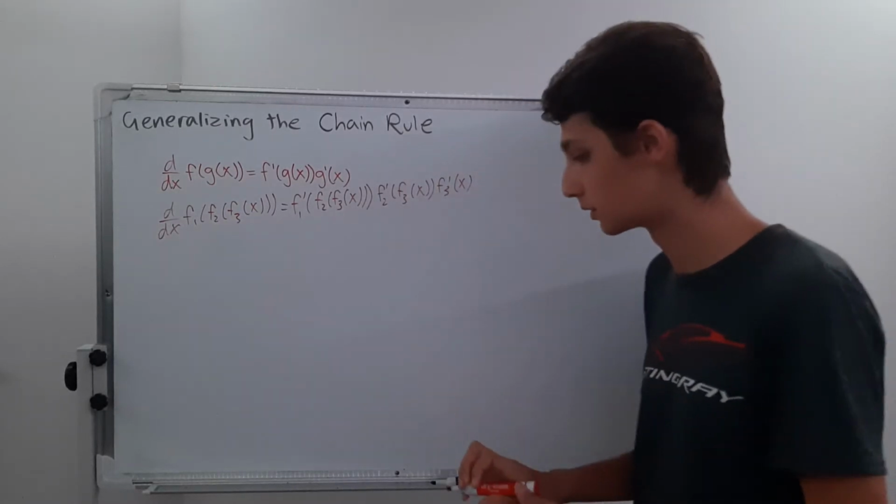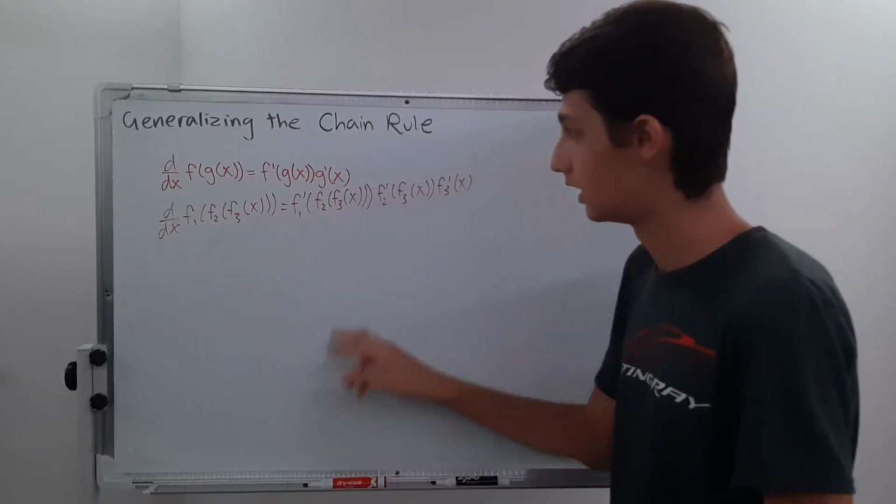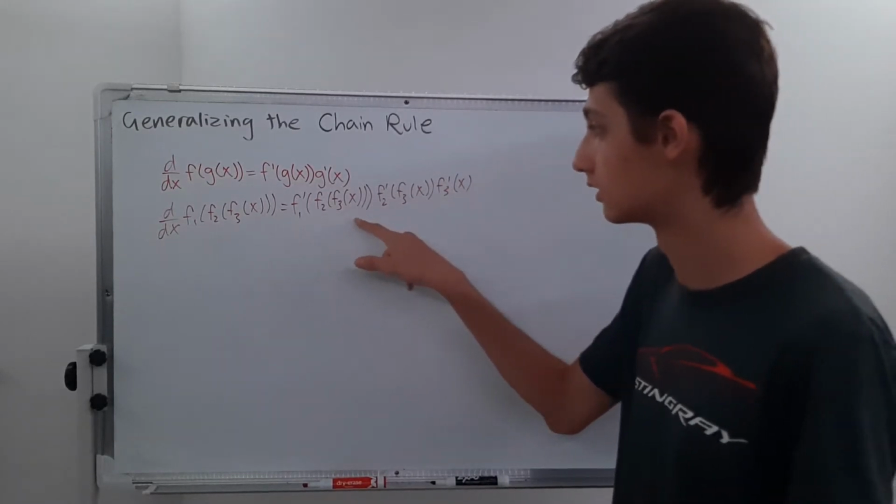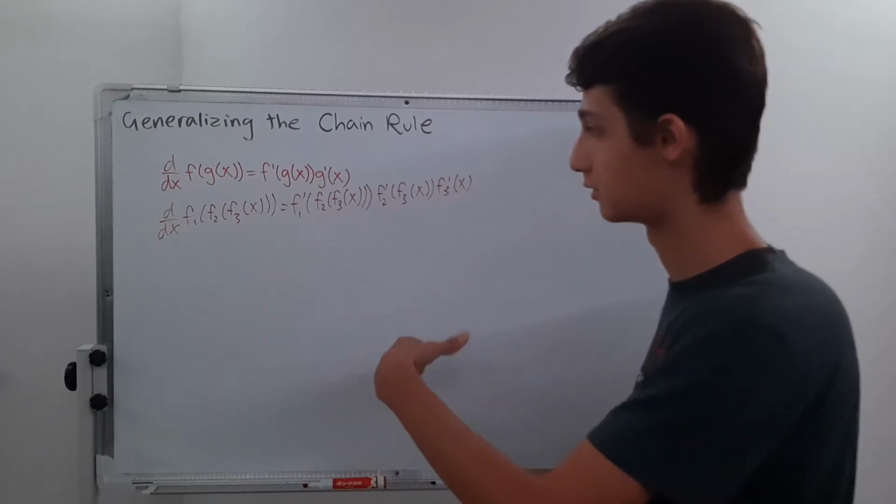And so really what we're doing is we're taking an outer function, and then we're taking everything else inside of it, everything that comes after.